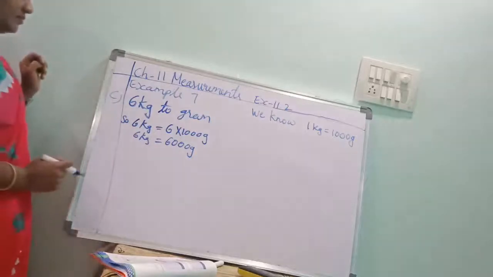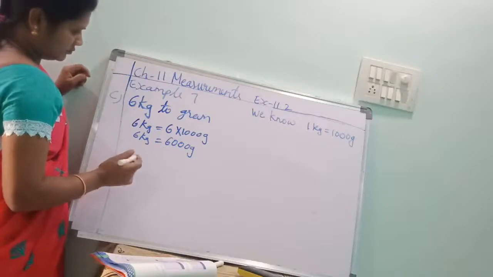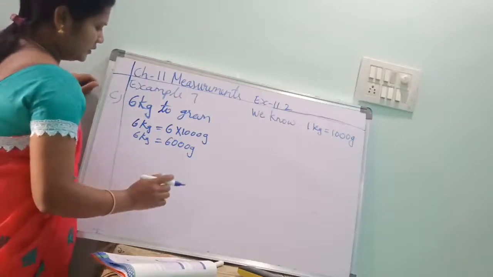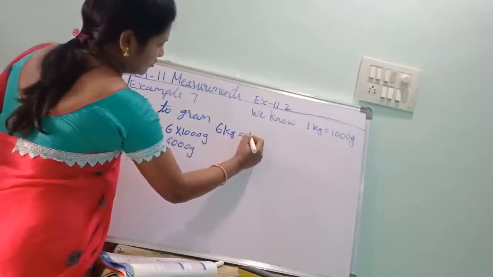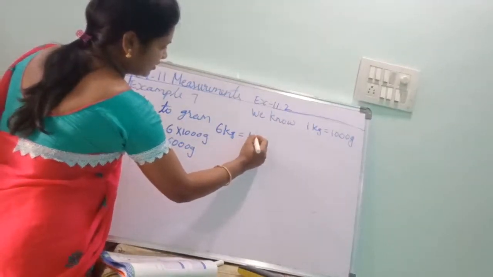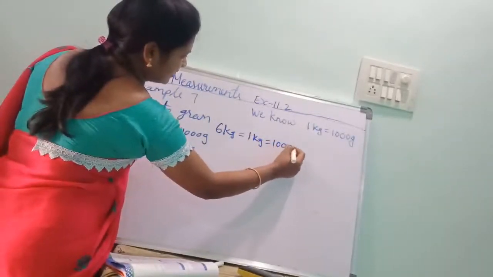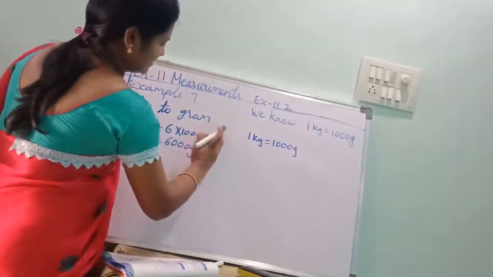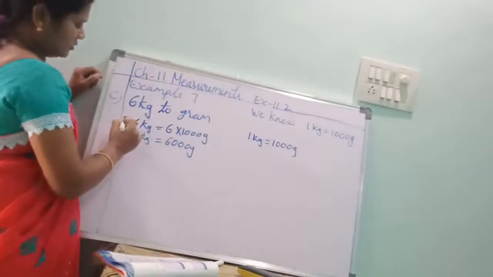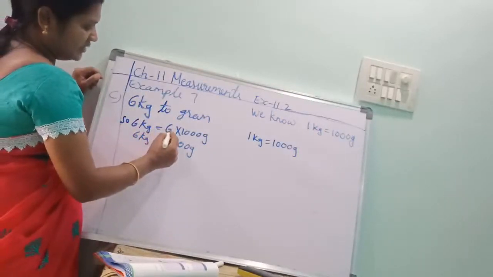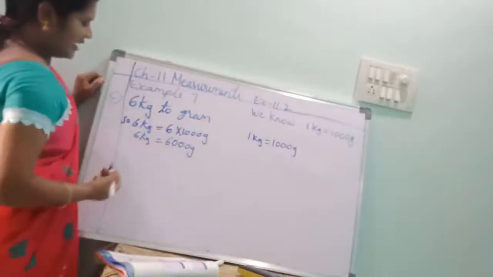Understood, children? First you should write like this: 1 kg equal to 1000 grams. Write this first. After that you should do this. 6 kg is equal to 6 into 1000 grams. 6 kg is equal to 6000 grams.